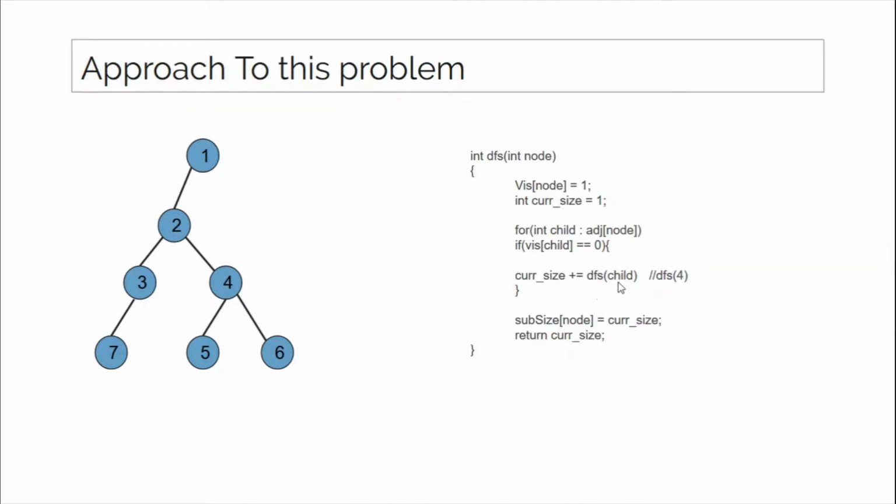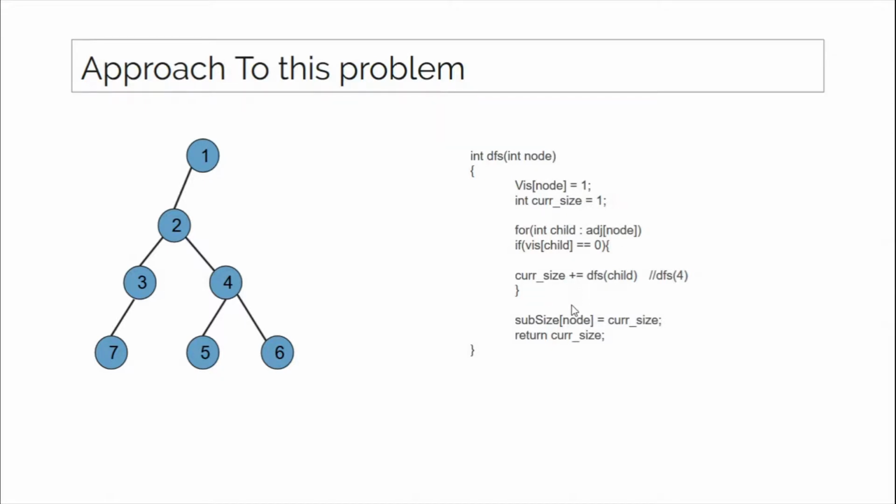So DFS 4 would return the subtree size of 4. We would take that and add it into the current subtree size of 2, and then the current subtree size would become 6, because DFS 3 would return 2, DFS 4 would return 3, and the current size is already initialized with 1, so the current size will become 6.